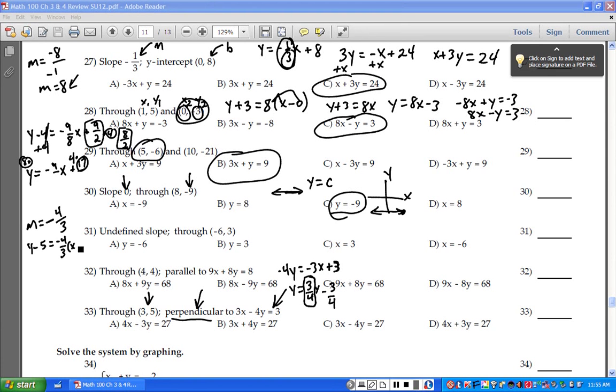x minus x1. Alright, my y1 comes from here, x1 comes from here. Change this into slope-intercept form by distributing.